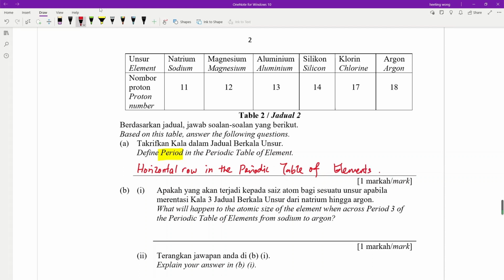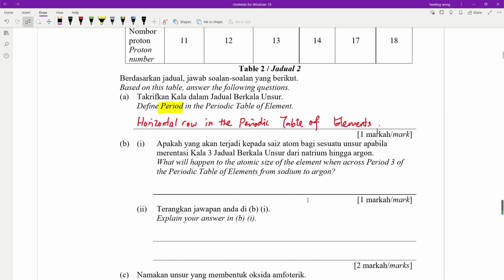Now, what will happen to the atomic size of the elements across period 3, from sodium to argon? This is a very popular question. What happens to the atomic size? It decreases. Why? Explain your answer.